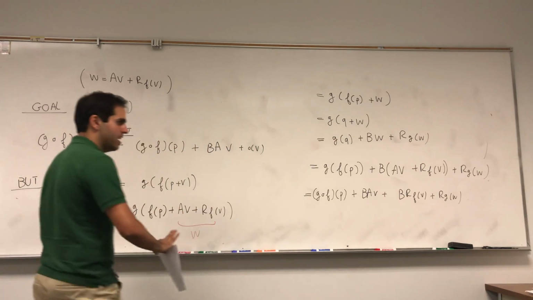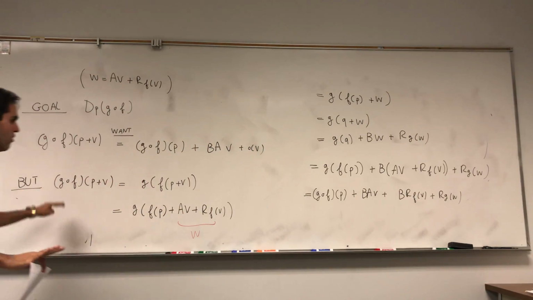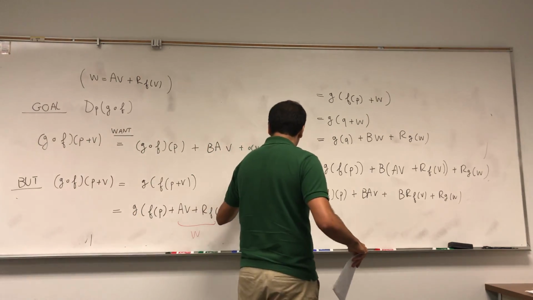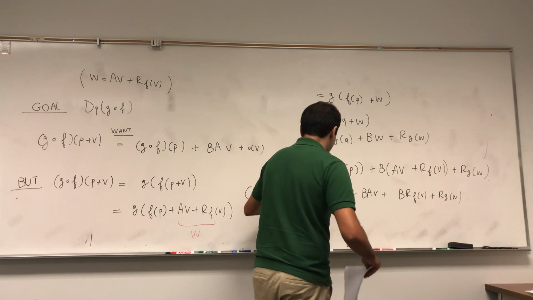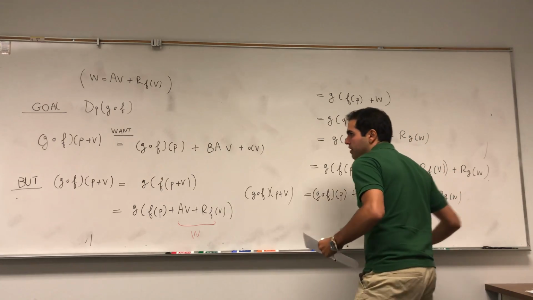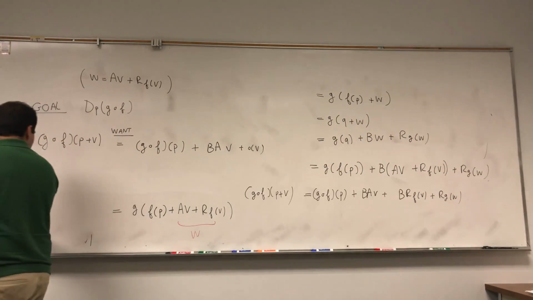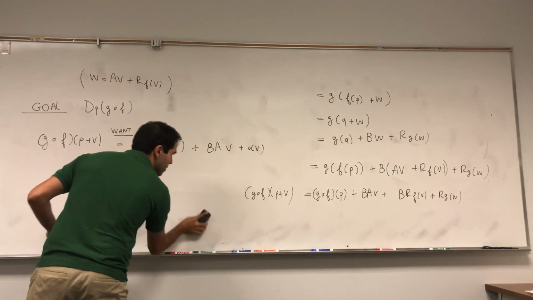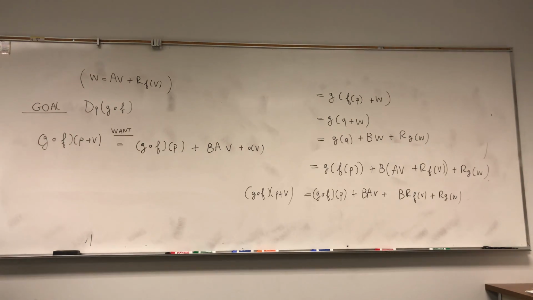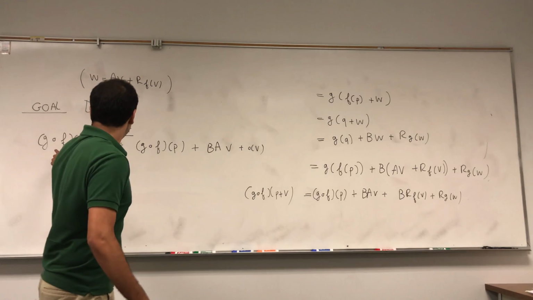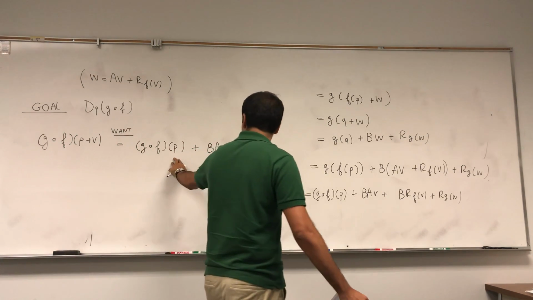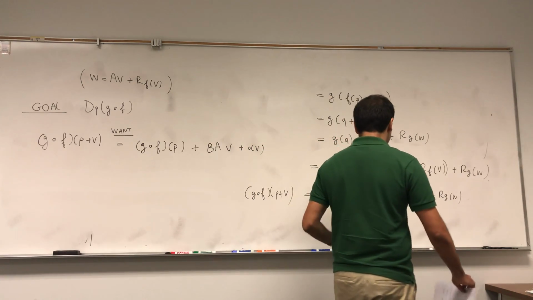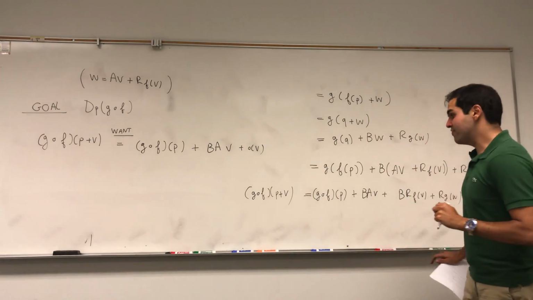Let's stop for a second. What have we calculated? We've calculated g composed with f of p plus v. And let's forget about this part here. Not super intense, like what's going to happen. But look at what we wanted to show. We wanted to show that g composed with f of p plus v is g composed with f of p plus BAv plus a small term. And look what we've achieved.